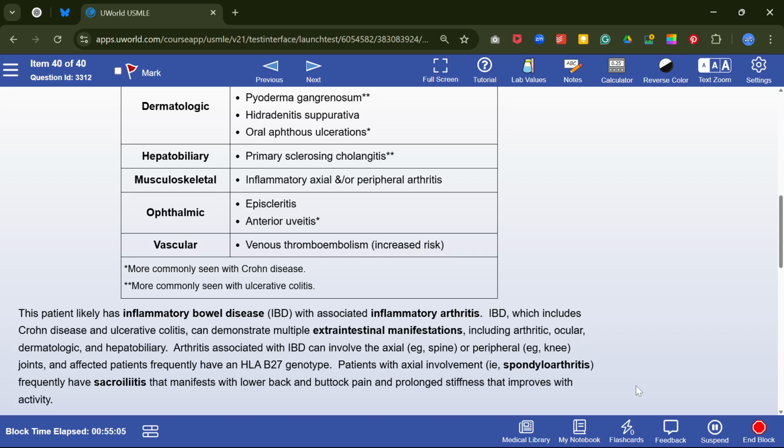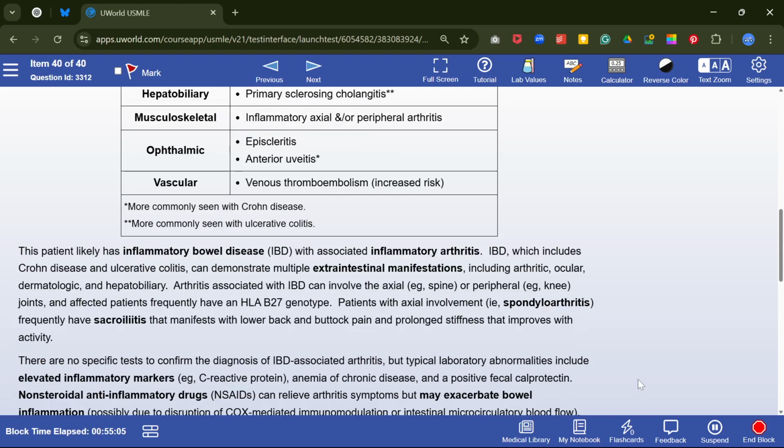Patients with axial involvement, spondyloarthritis, frequently have sacroiliitis that manifests with lower back and buttock pain and prolonged stiffness that improves with activity.